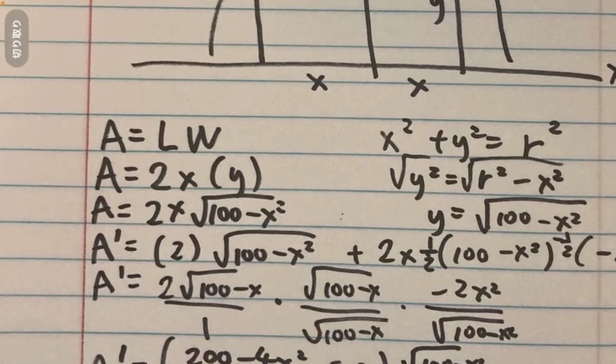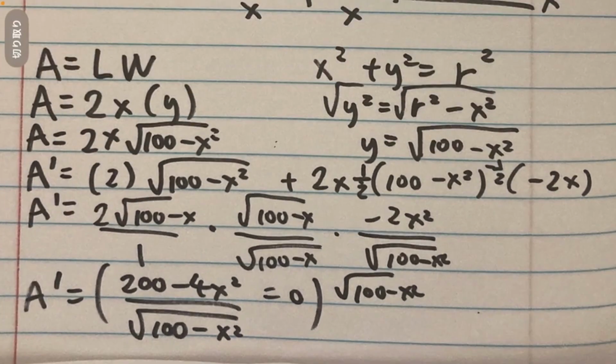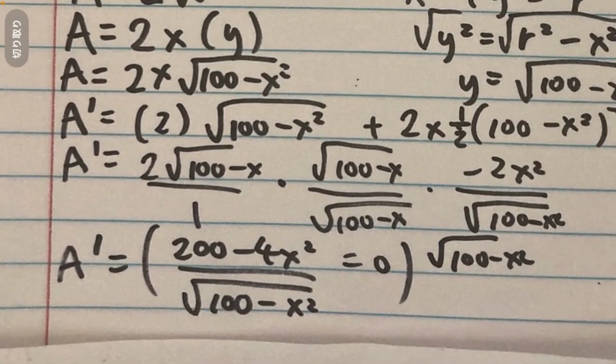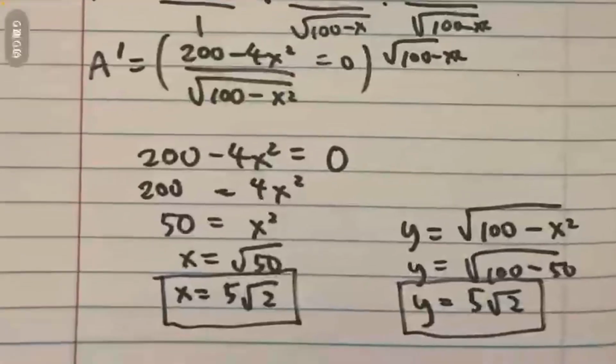Now we plug this y into the objective function, which is 2x times y, so 2x times the square root of 100 minus x squared, and we can use the product rule, and we should get 2 times the square root of 100 minus x squared plus 2x times 1/2 times 100 minus x squared to the power of minus 1/2 times minus 2x. We can simplify by multiplying by the root of 100 minus x squared on both sides, and we should get something like this: 200 minus 4x squared.